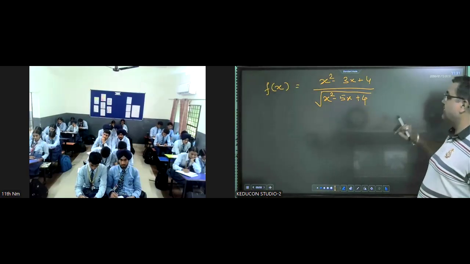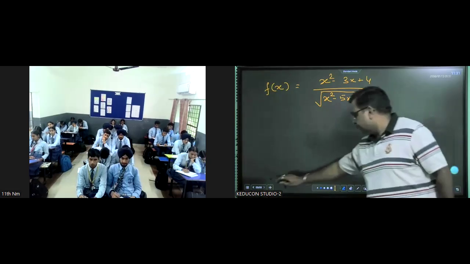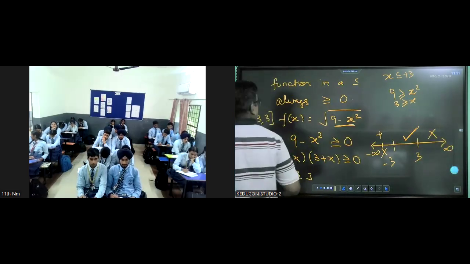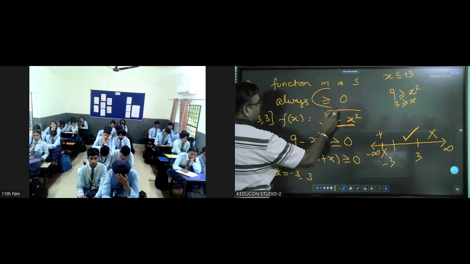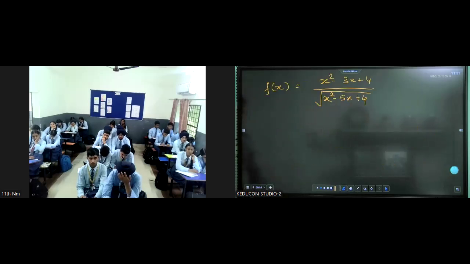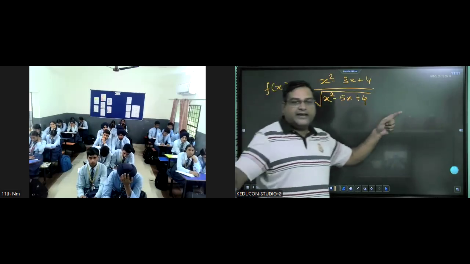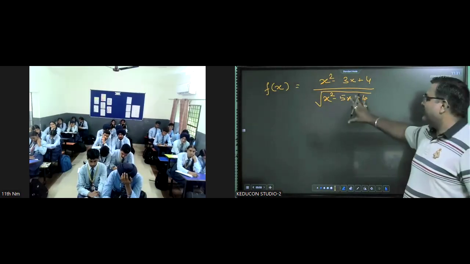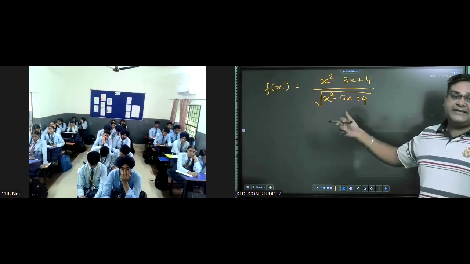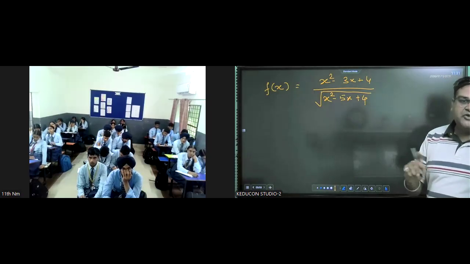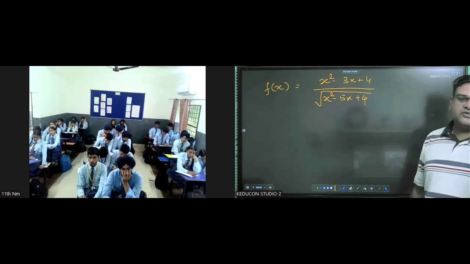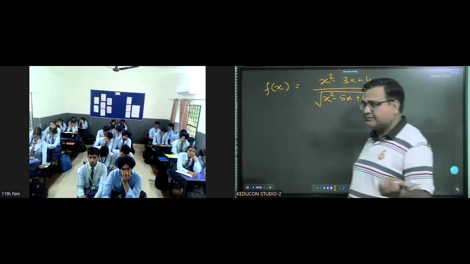Here, see, our condition was that it should always be greater than or equal to 0. But in this case, it has other things. The denominator is also there. So this part will only be greater than 0. It can't be equal to 0. Otherwise, your first condition will not be satisfied. Right?